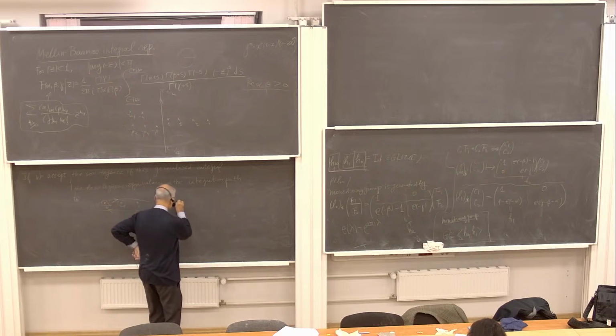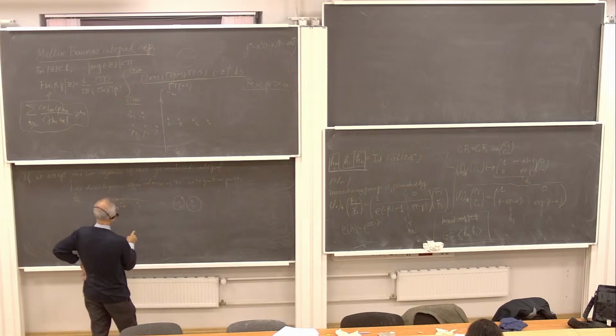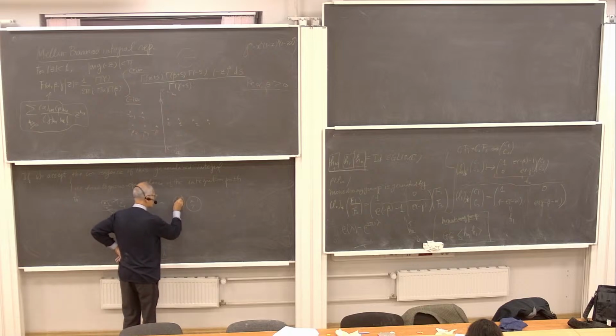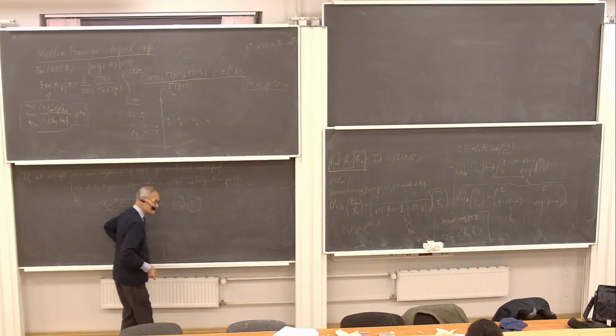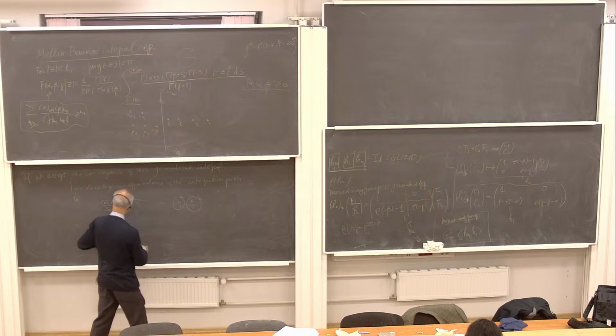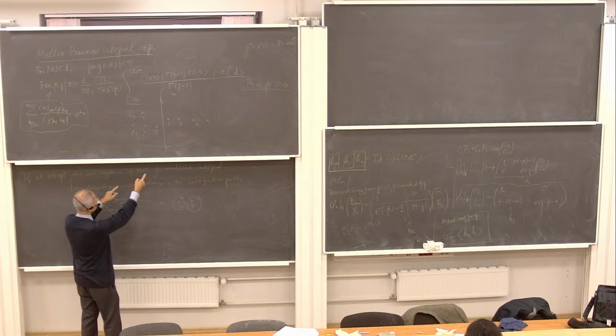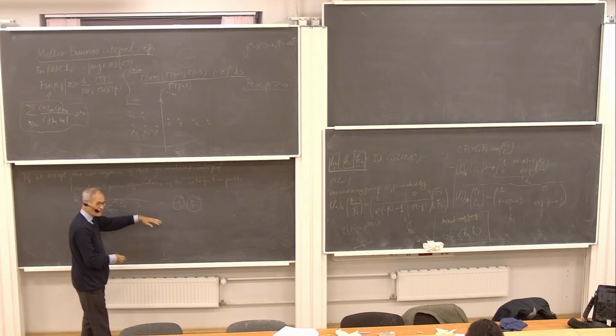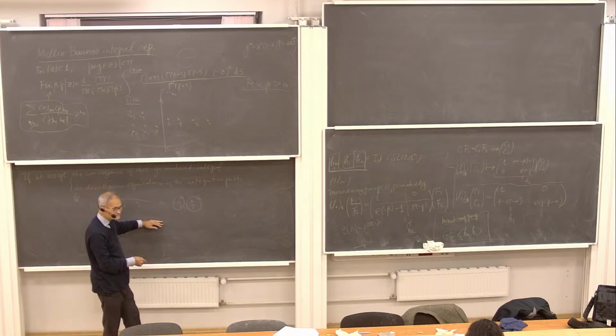That is to say, this integration is transformed in this way, in the negative direction. I deform this integration path to a path encircling all poles.